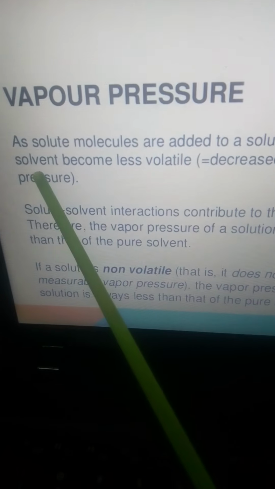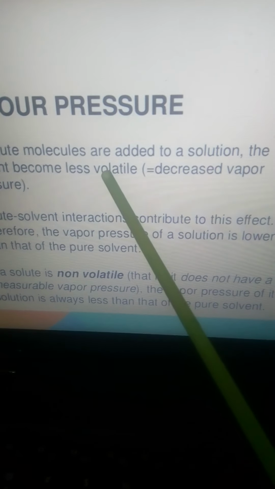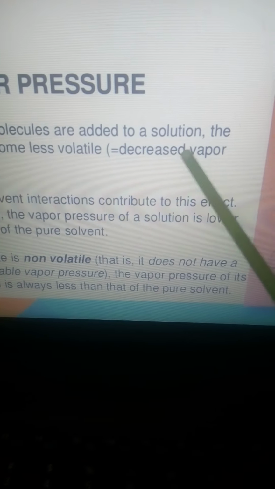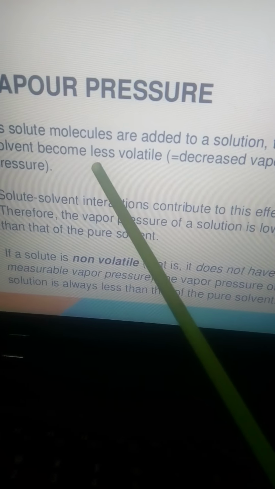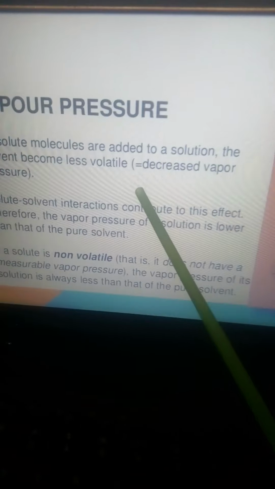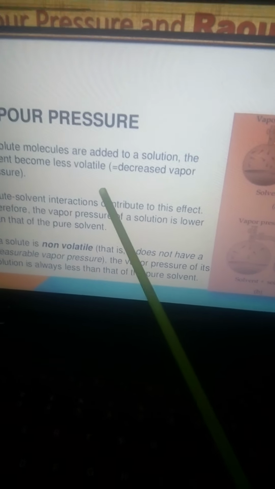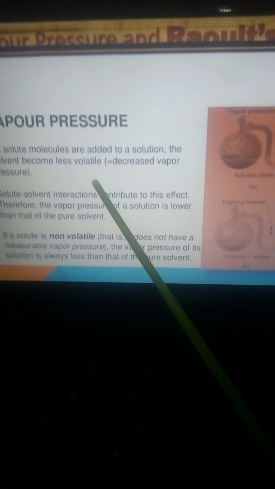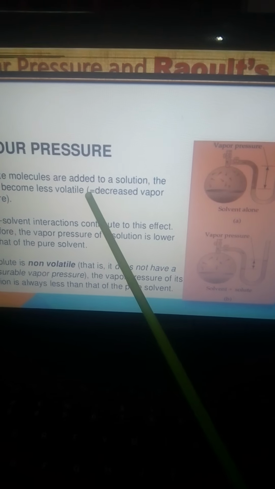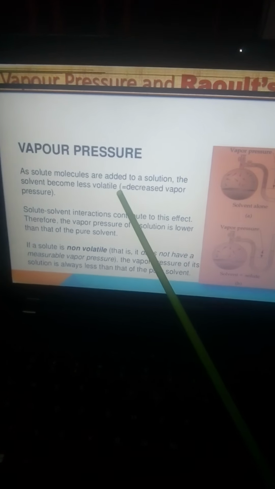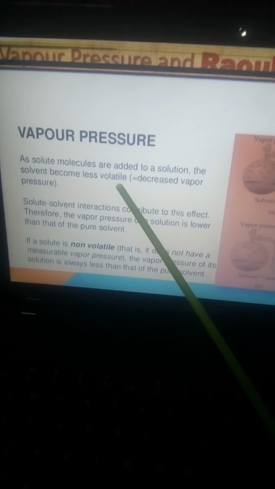Now you see, as solute molecules are added to a solution, the solvent becomes less volatile. Now why? It is obvious that whenever we put a solute in a solvent, the solute particles also occupy some surface positions of the liquid solvent.